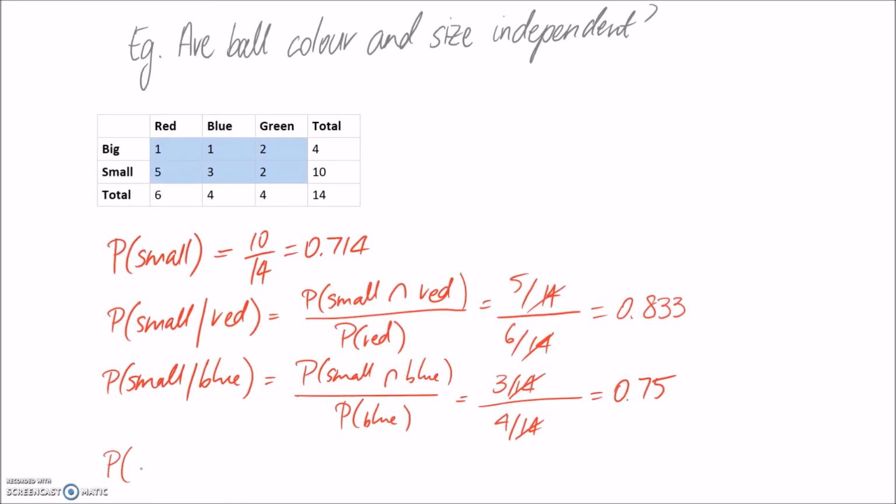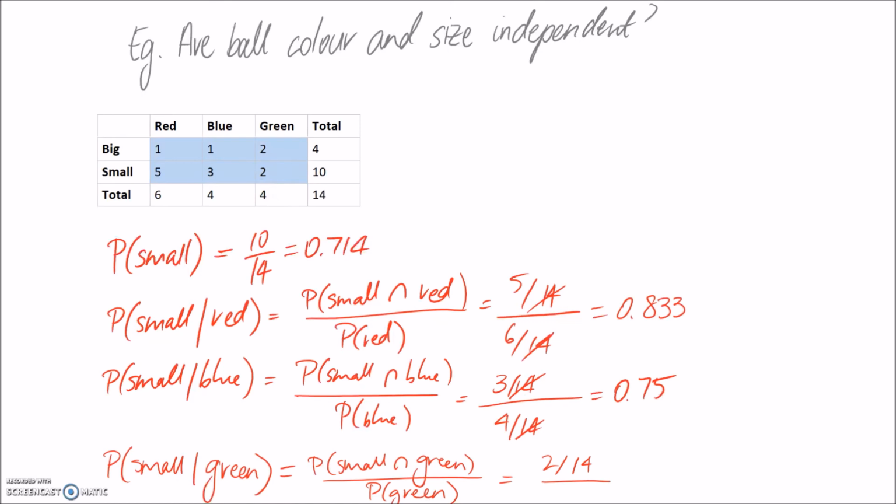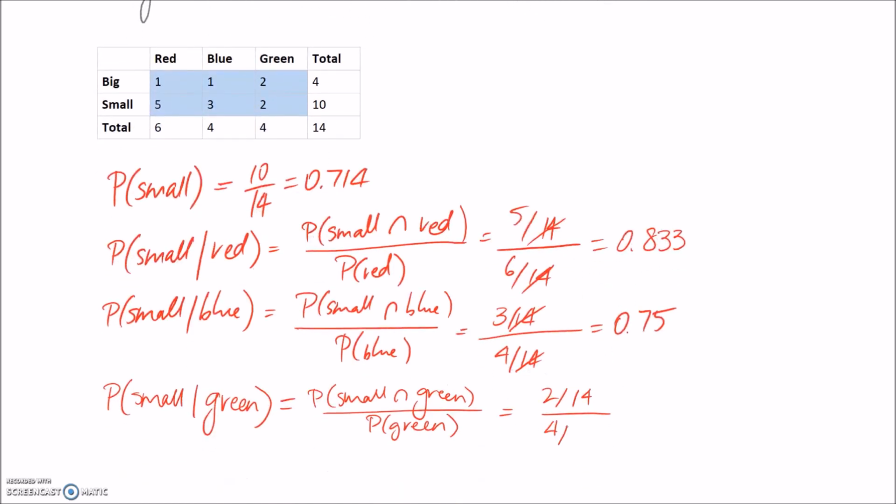The probability of it being small conditional on it being green. Again, you can write this out. Small and green is the 2 from the intersection, divided by the probability of it just being green, which is 4 divided by 14. These cancel. 2 on 4 is 0.5.